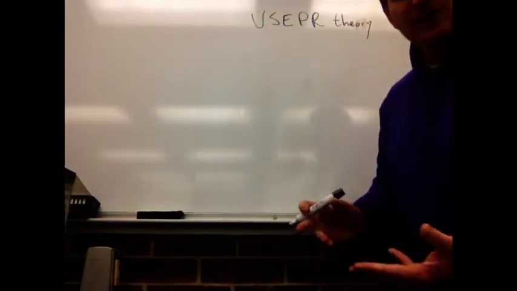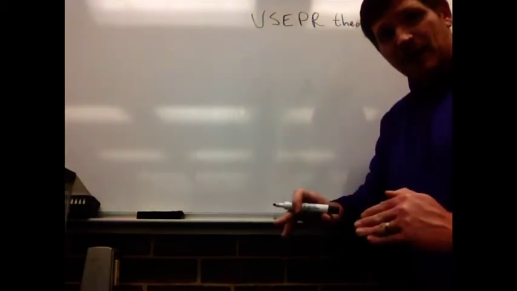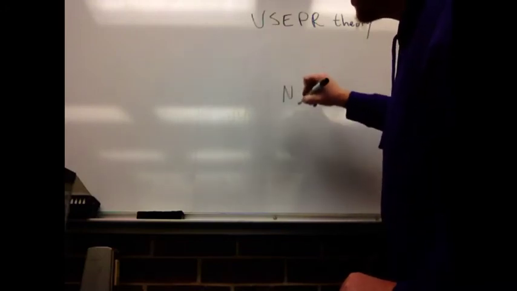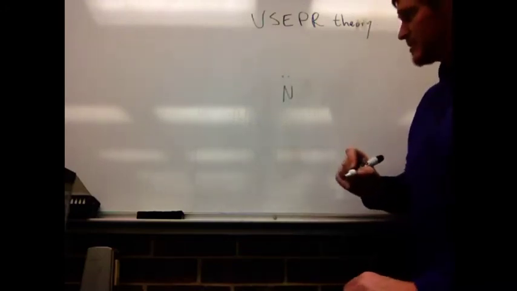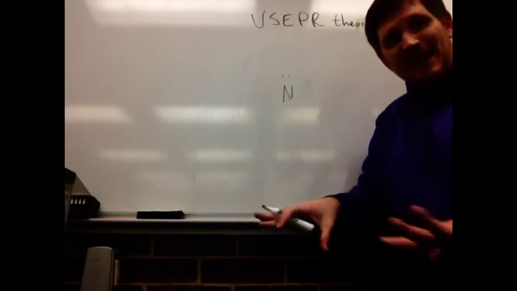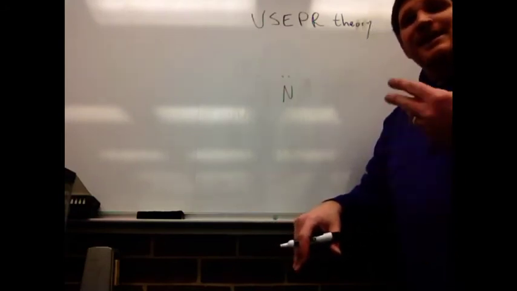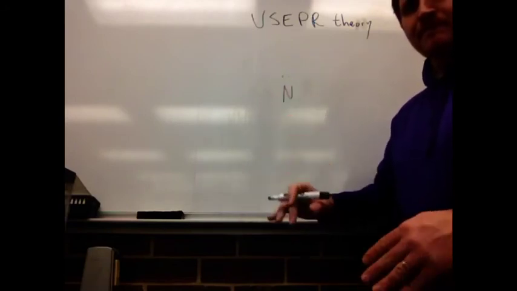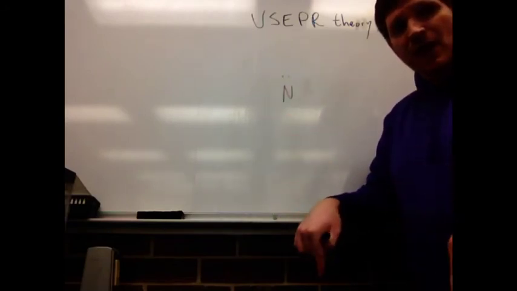Now, I always draw my free electron pairs either on the top or the bottom. Makes it a little bit easier for me to draw anyways. Okay, so nitrogen's here. I draw my free electron pairs. Now, how many different attachments does it have off of it? It's got 3 that are bonded to something, and it's got a free electron pair. Okay, so really it's got 4 things coming off of it.